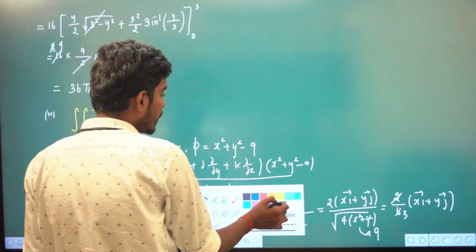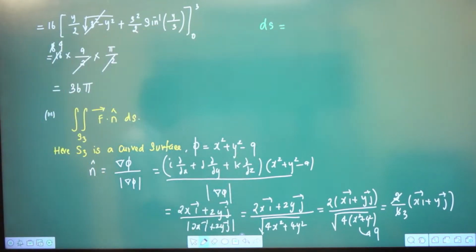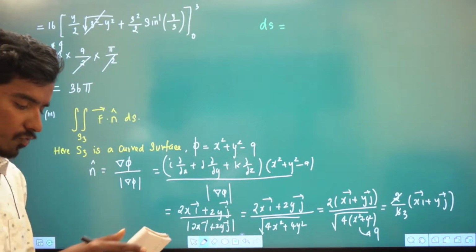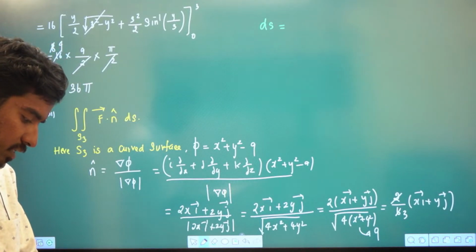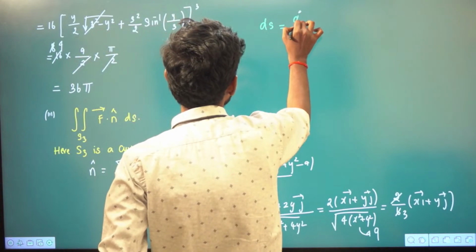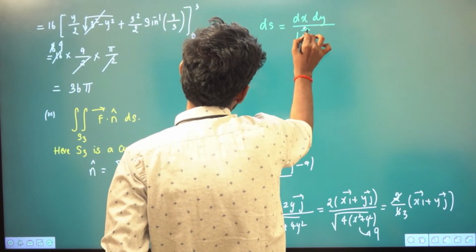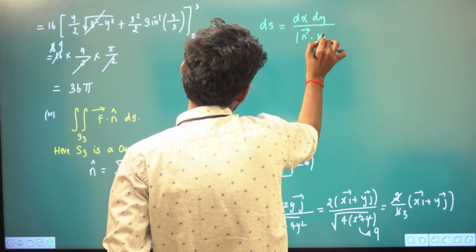Now how to find ds? See, ds is the surface, for which you can choose any one of the three. If you have seen my surface integral classes, you can either choose ds to be dx dy divided by modulus of n dot k.